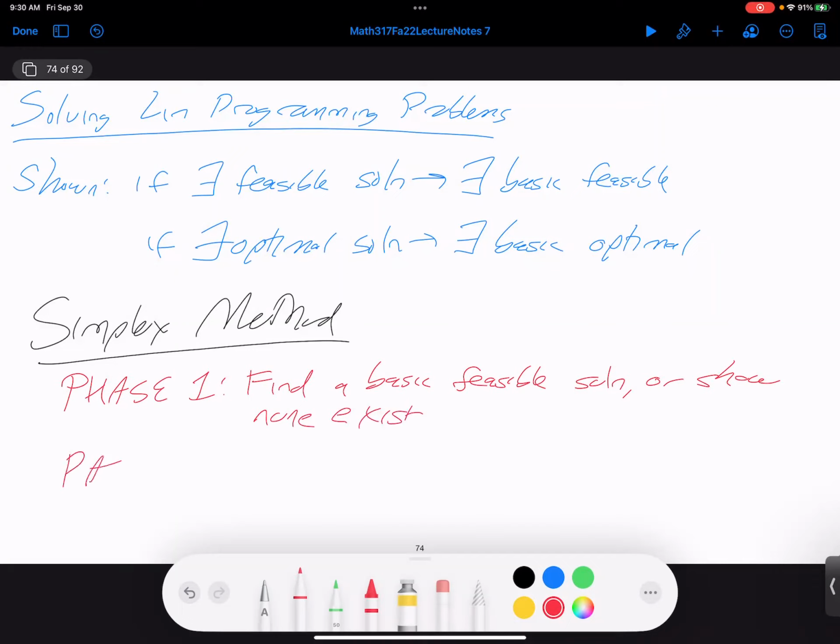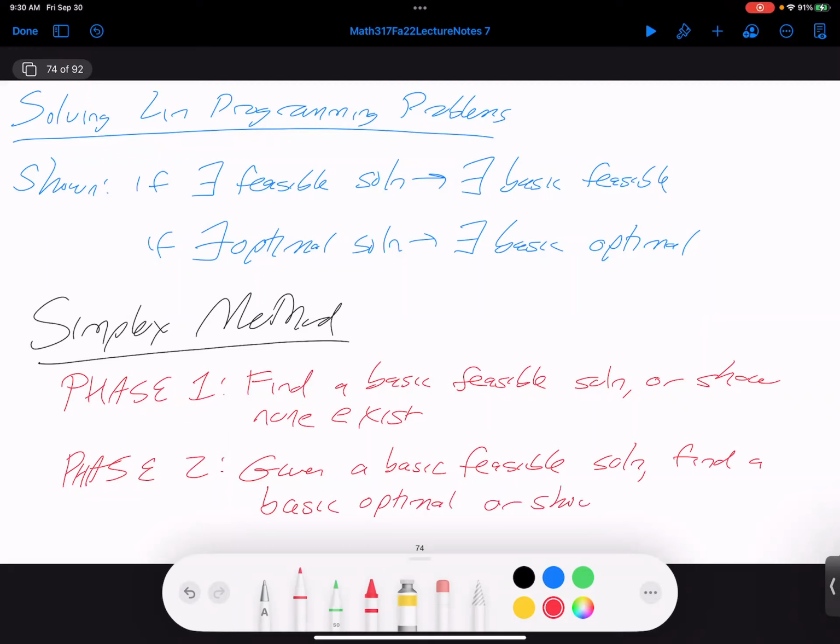And phase 2, given a basic feasible solution, find a basic optimal or show none exist. Okay, so high level, this is what the simplex method does.